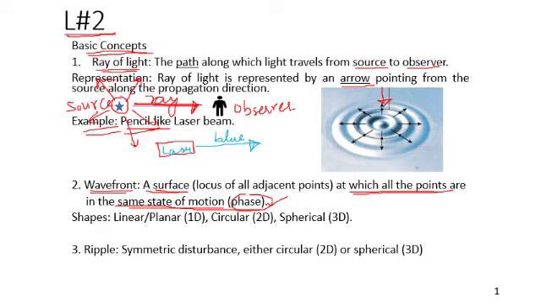Energy is imparted to the water surface, and you see circular waves are produced around this point of impact, and those circular waves travel along the water surface in all directions. These arrows represent the direction of that disturbance. Remember, these are nothing but the rays now. These are the rays of water waves, not light waves, because we are talking about water over here.